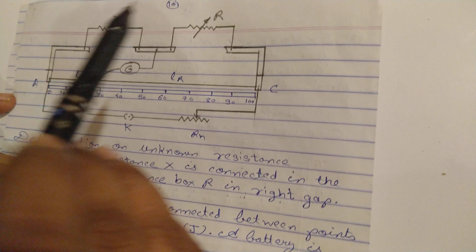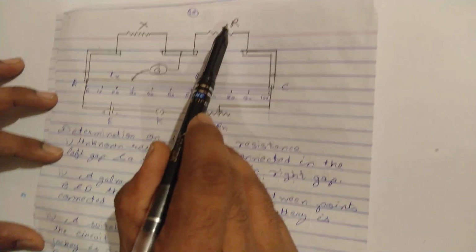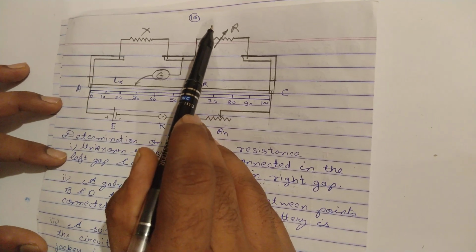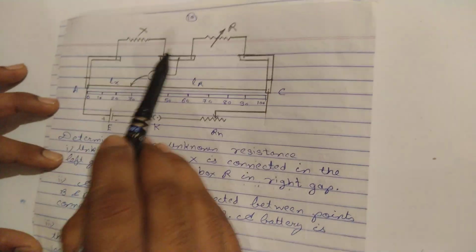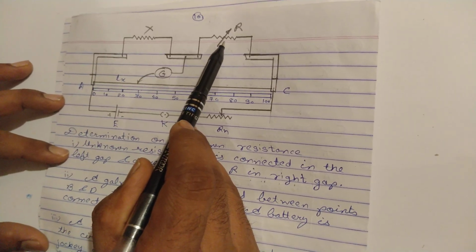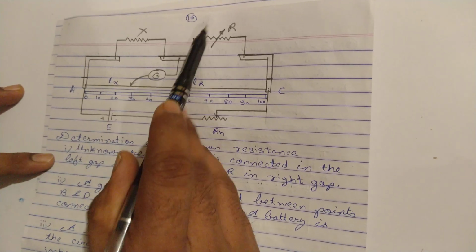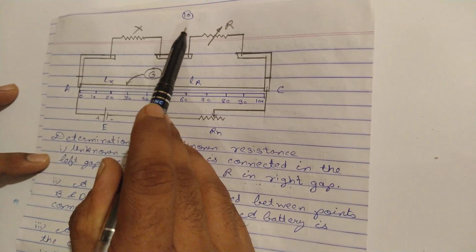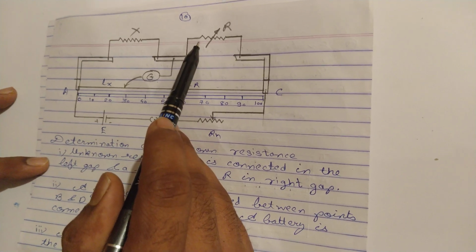In that experiment, we are going to remove the resistance, because in the resistance box there are different values of resistance: 5 ohm, 10 ohm, 100 ohm, 200 ohm and so on. So you can remove any key from the resistance box, because the resistance box is made up of keys, and along with the keys the respective value of resistance is mentioned.